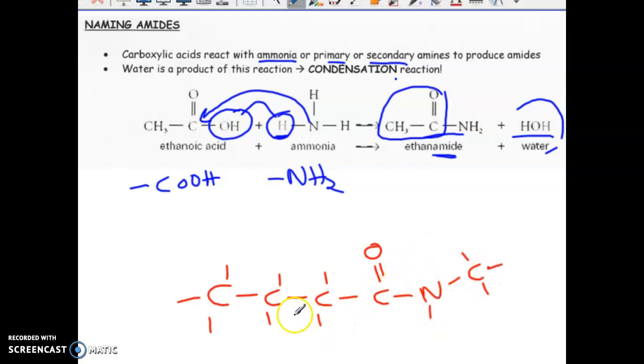Our parent is always the portion where your C double bond O is, the one derived from the carboxylic acid. So this is going to be butanamide.